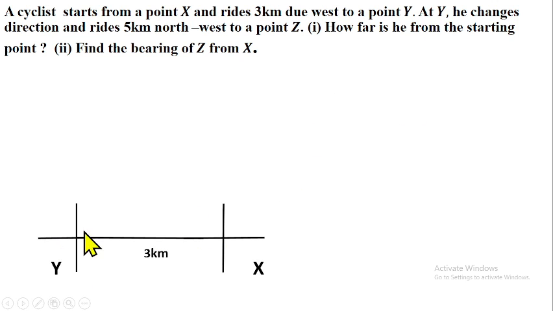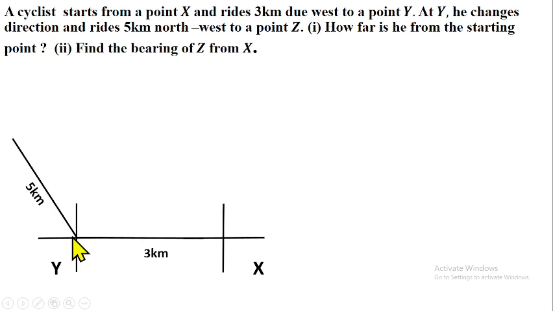Then at point Y here, he changes direction, that is, he changes bearing and rides 5 kilometers northwest. From this Y now, he changes bearing and rides 5 kilometers north to the west. Northwest. That is a compass bearing now. So he moves north to the west 5 kilometers.